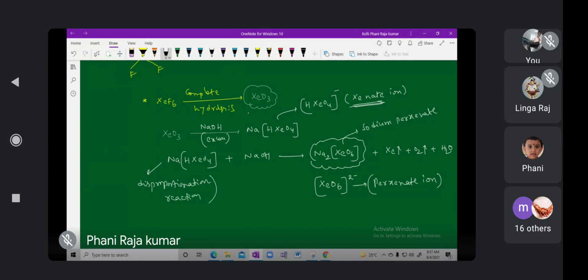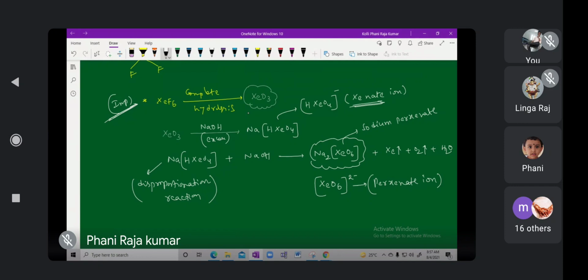Why am I highlighting this equation? Because the perxenate ion we are getting, the XeO6 4 minus ion, is very, very important. One of the important oxidizing agents in a number of chemical reactions.